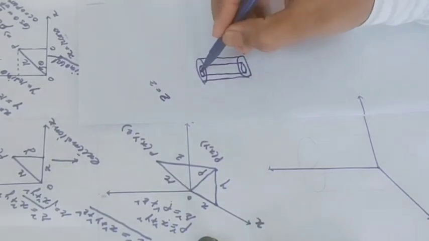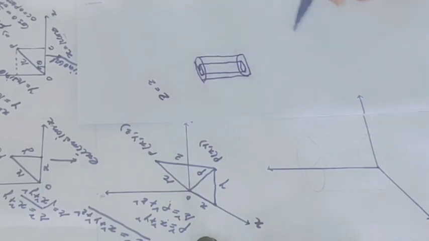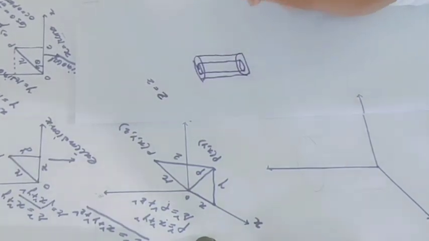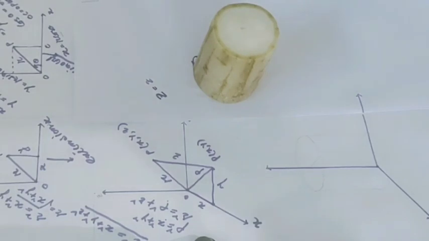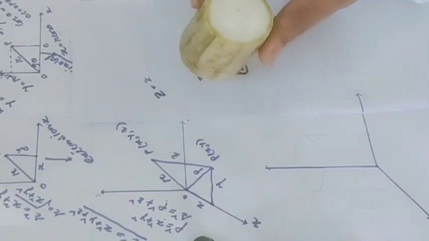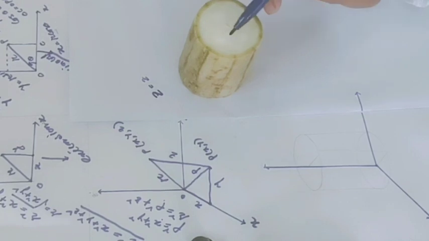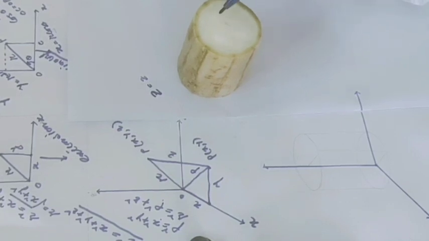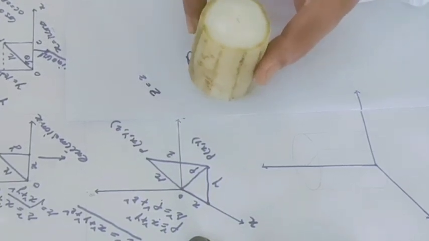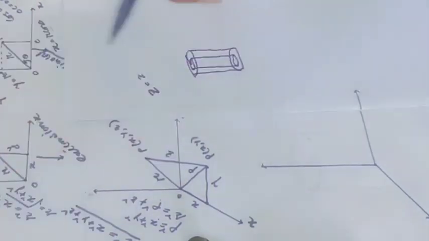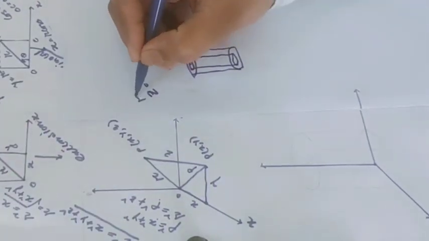So what is changing here? The radius of the cylinder. If you change the cylinder towards the radius, then also you will get the whole cylinder. Just changing the radius along this direction, you will get the whole cylinder. So that's why r is another variable.